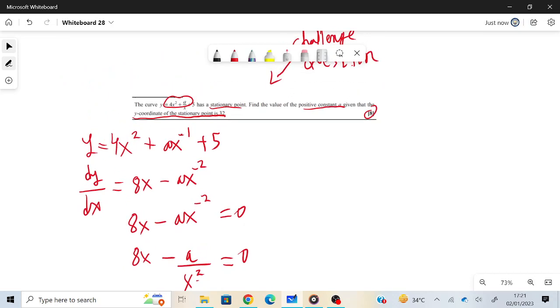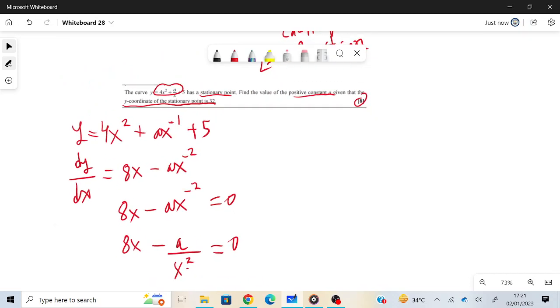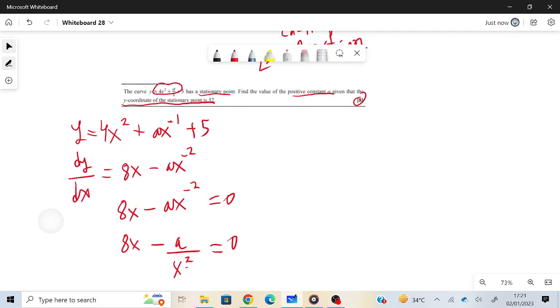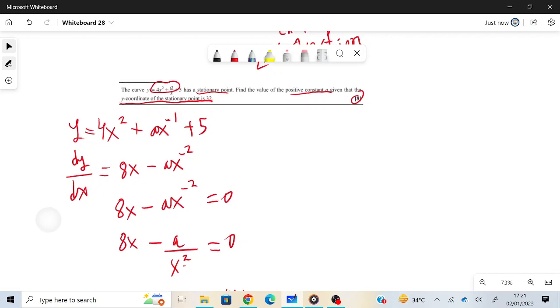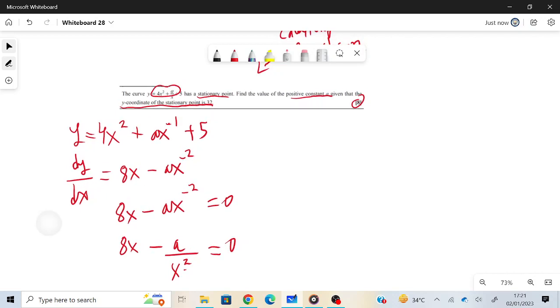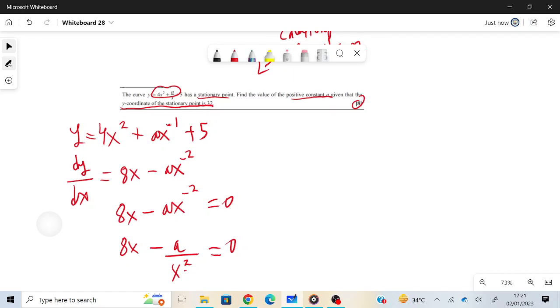From the other information given, it says that the y coordinate of the stationary point is 32. We know that any x coordinate of the stationary point, we insert it back into the equation for y. And this is saying that when we insert that back into that equation, we get y to be 32.